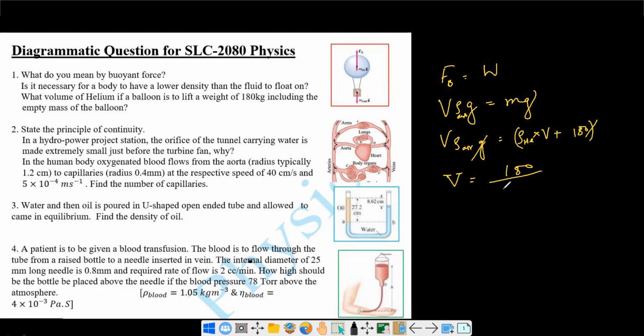The density of air is in the order of 1.29, and the density of helium is in the order of 0.179. So 1.29 minus 0.179. If you do this simple calculation, you are going to get simply 160 meter cube. So this is the calculation for this question.